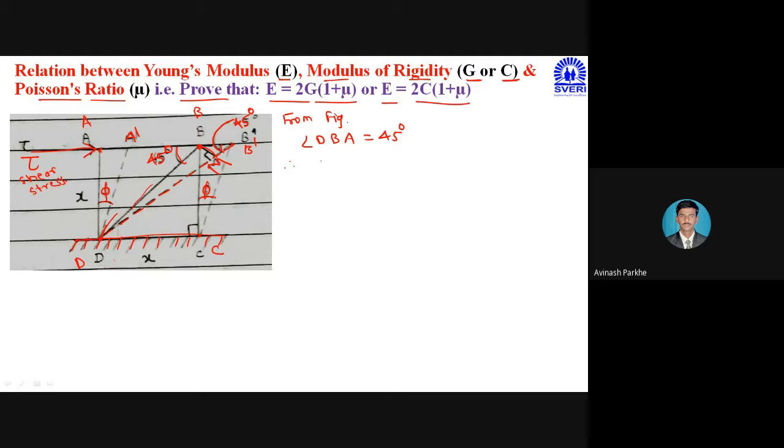Therefore, the angle DB dash A dash is equal to 45 degree. That means this is the angle before application of stress, that is angle DBA, original diagram.